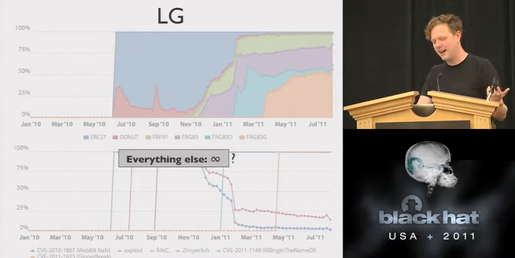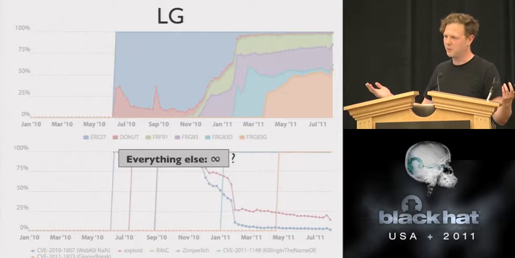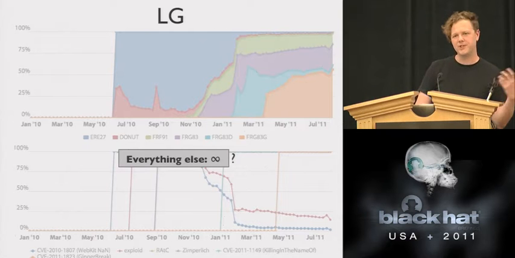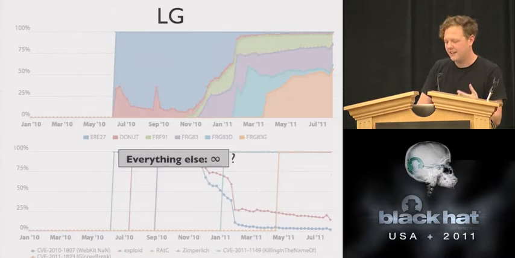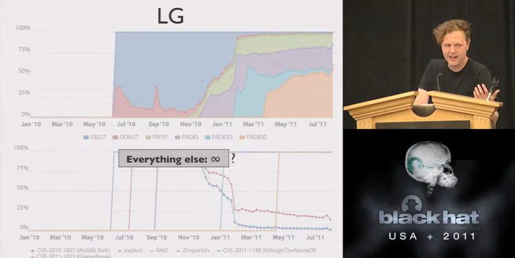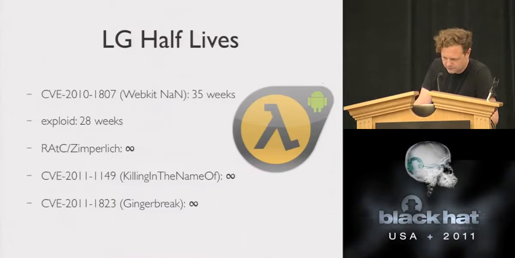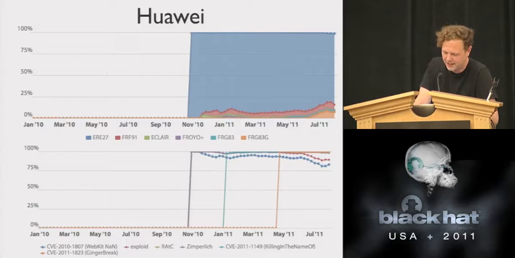Everything else, we're basically sitting at infinity. We reached a certain patch point on the 2.2 release uptake and haven't gone past that. So we have 35 for WebKit, 28 for the exploit, and nothing for everything else.